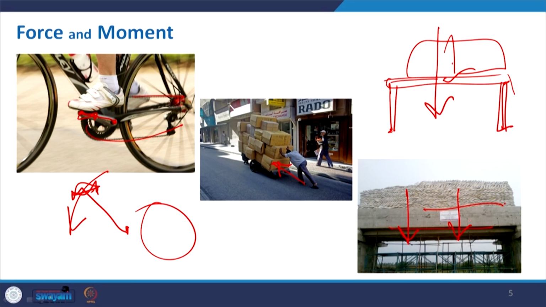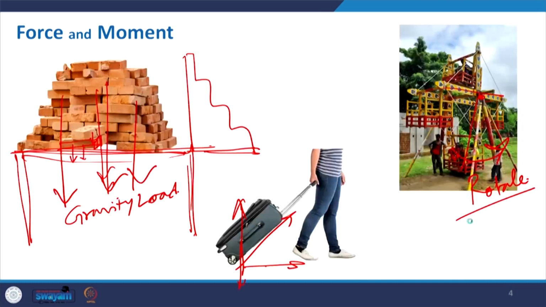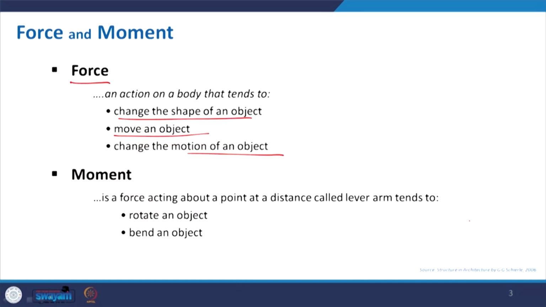As per the definition, we have seen one example of how this can change the shape, and whenever you apply more load, with more sandbags on the slab, definitely there will be some ultimate or critical stress or strength level, after that it will collapse. So, that will deform the object, move an object, push and pull we have seen.